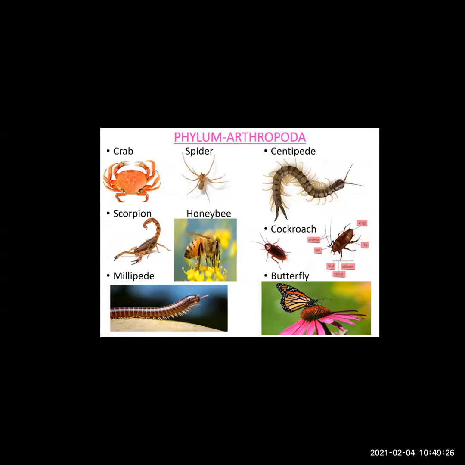Some common ones you are all very well aware of: crab, spider, scorpion, honeybee, millipede, centipede, cockroach, butterfly. These are various examples of animals included in the phylum Arthropoda.